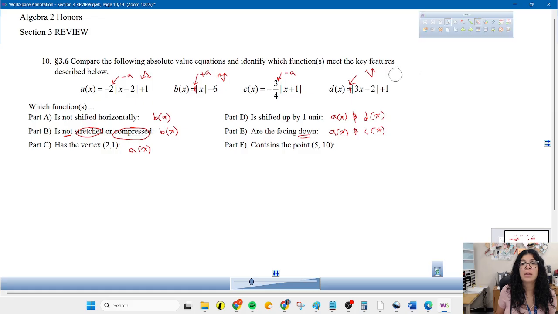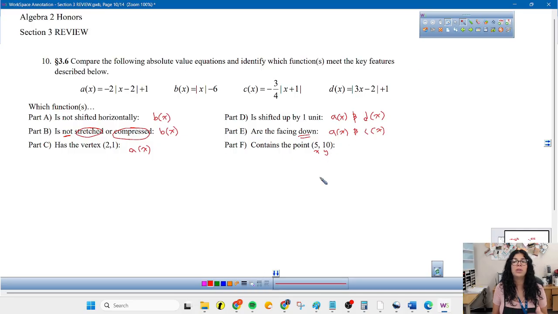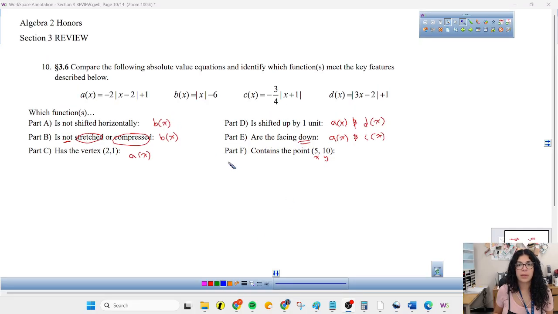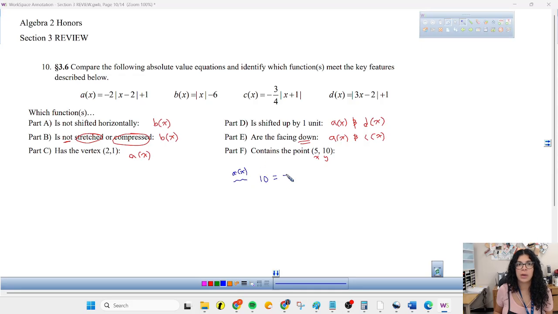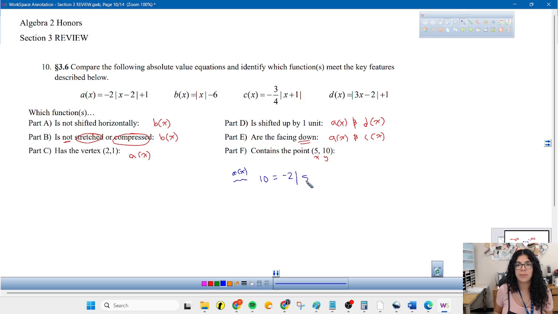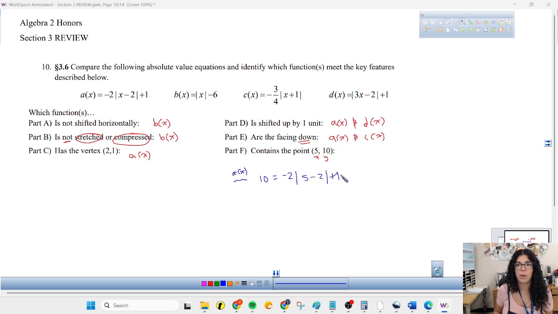Okay, last one, contains the point (5, 10). Now to check that, I have to plug it in. Plug in the x value of 5 and the y value of 10 and see which equation actually matches that point. So let's start with a of x. Is 10 equal to -2 times |5 - 2| plus 1?